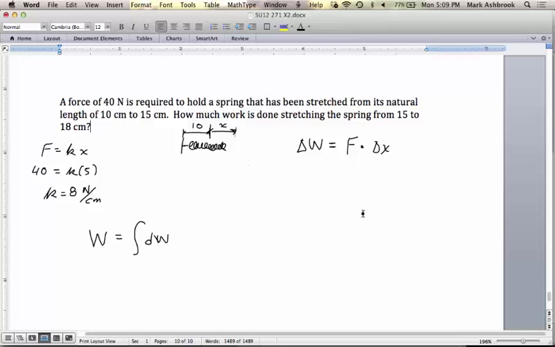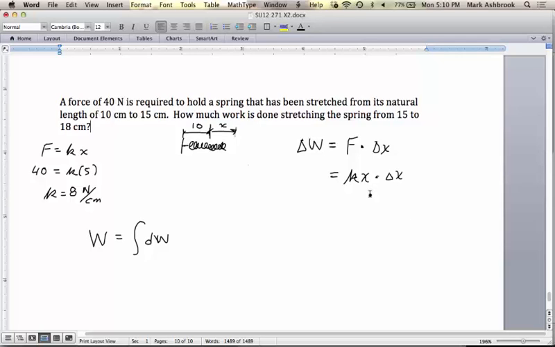Okay, so what is the force of the spring? That's not all of it. That's the spring constant. Force of the spring is k times distance, x, right? Times delta x.